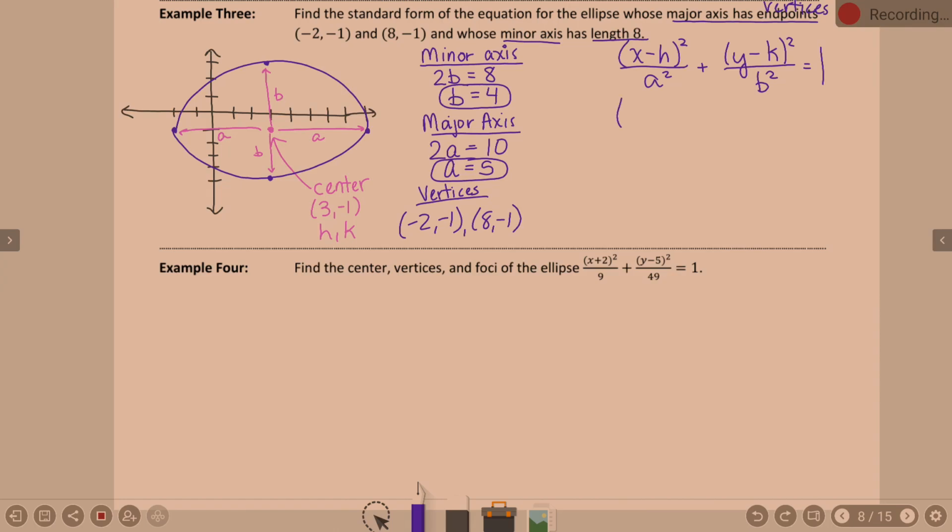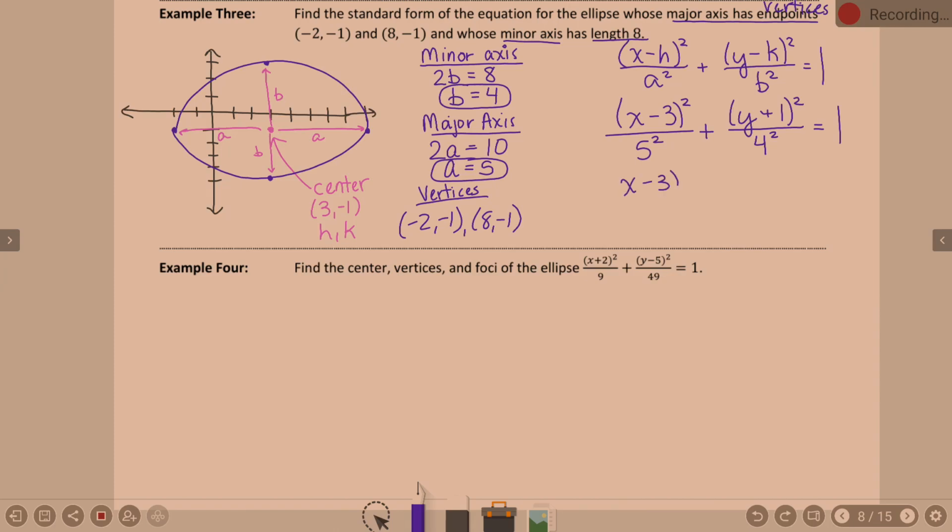X minus h, so x minus 3, quantity squared over a squared, which is over 5 squared, plus y minus k, so y minus -1, over b squared, so over 4 squared, equals 1. Folks, that equals 1 is important. If you don't put that equals 1, you're not writing an equation. Okay? I am going to clean it up if you didn't already.